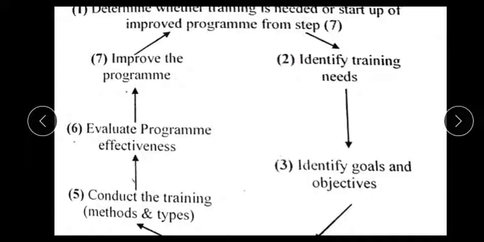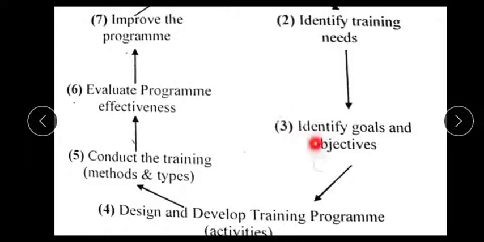In the third stage we identify goals and objectives. We have to identify the goals and objectives, like a list of specific job knowledge and skill deficiencies derived from step 2.